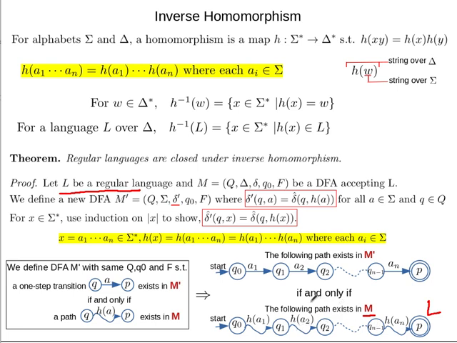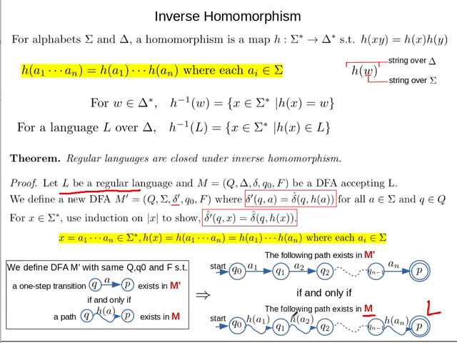Now you want to accept this A1 up to AN as a member of H inverse of L by some machine, where in L this H of A1, H of A2 up to H of AN is accepted.